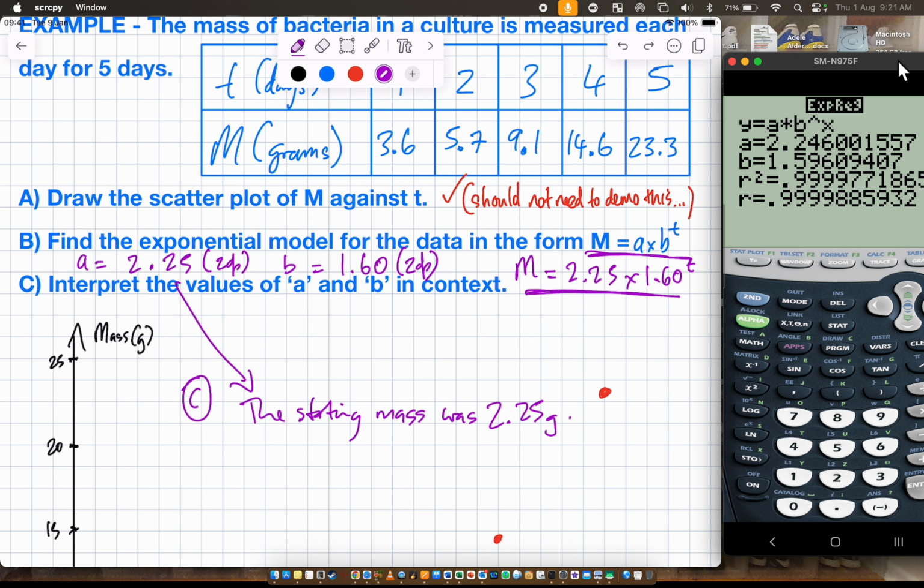Let's interpret B in context. So 1.6, so that was A. B, take 1. 1.6 take 1 is going to be 0.6. What is 0.6 as a percentage? Therefore, 60%.